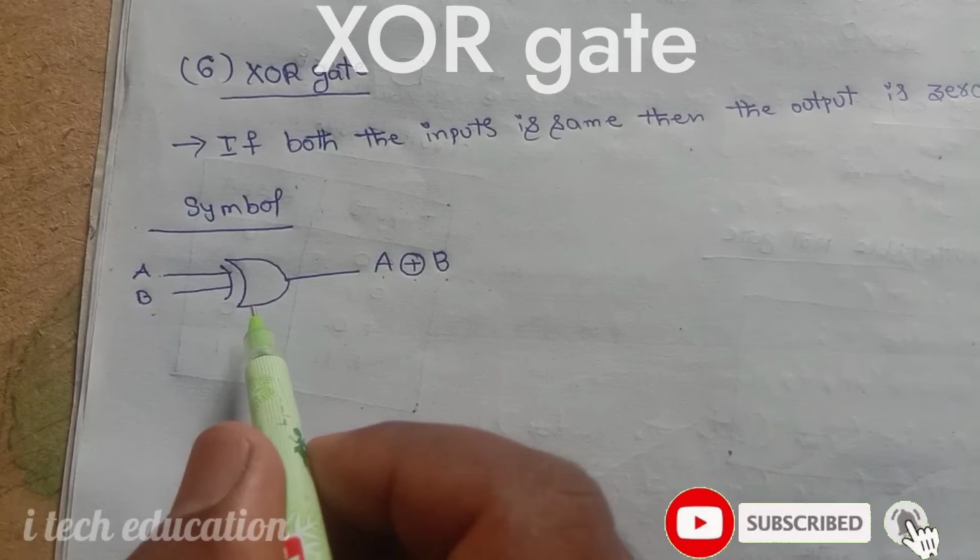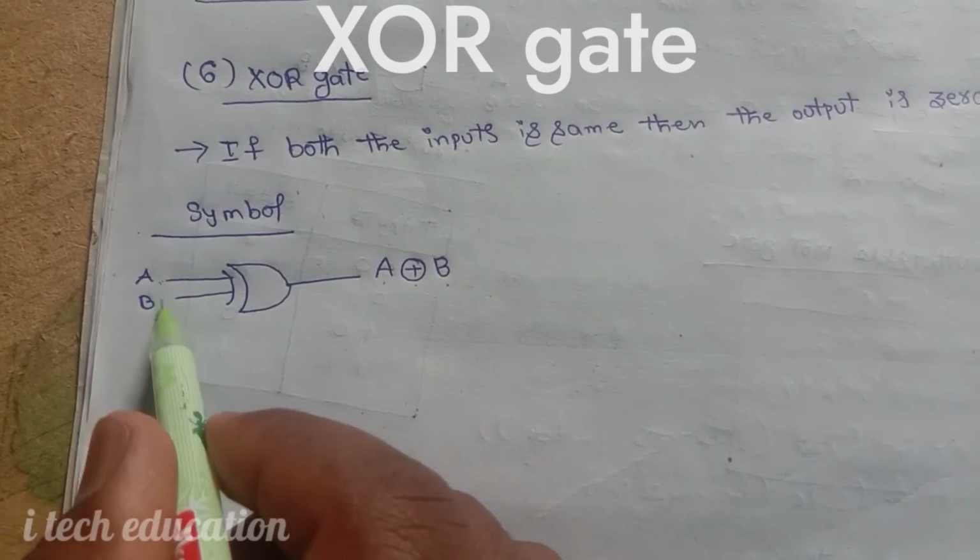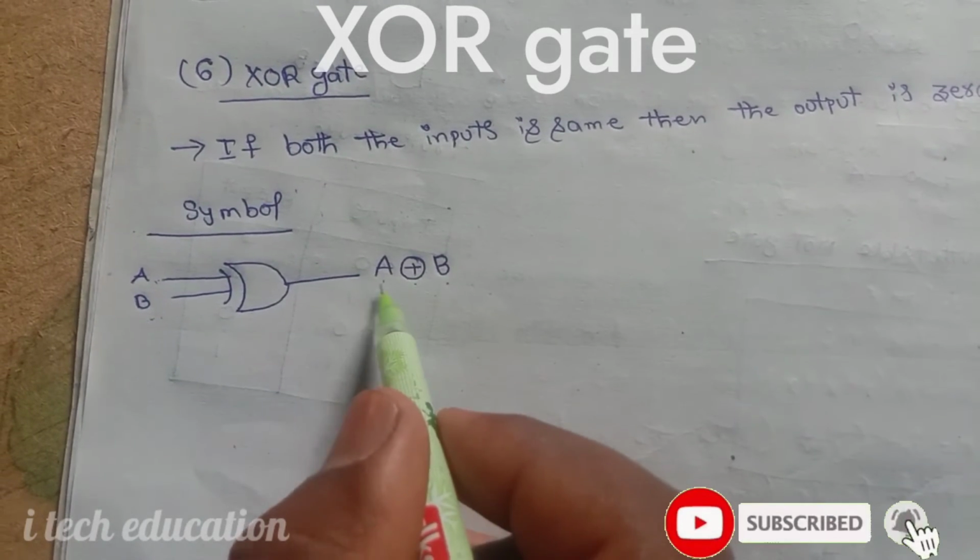So the XOR symbol is like this. The XOR inputs are A and B, then the output is A XOR B.